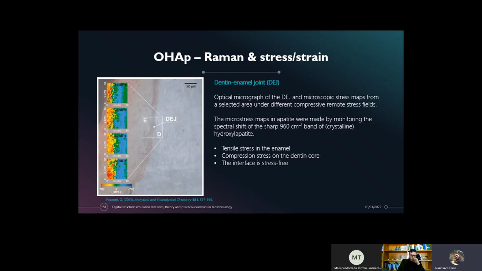Any other question? Is the technique destructive? The sample can be damaged by the laser. It depends on the configuration of the instrument. For example, in a confocal Raman microscope, it is not destructive, unless you want to see specific features, so, for example, to cut or polish your samples.